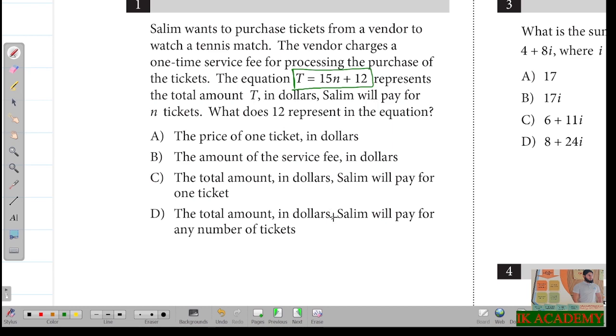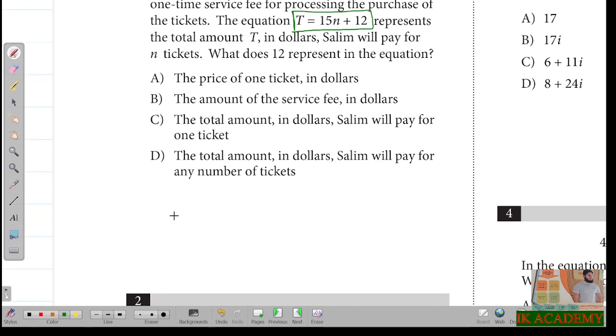So I'm going to write here: the total amount Salim will pay for n tickets is T = 15n + 12.